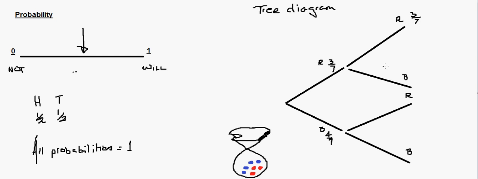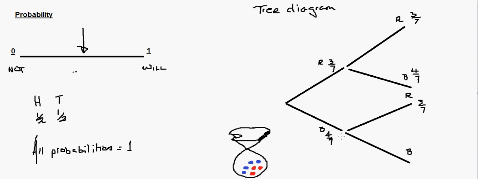So that would be 3/7. And if I'd chosen a red counter and then replaced it and then chosen a blue, this must be 4/7 because everything stays the same. Equally, if I'd chosen a blue, replaced it, and then chosen a red, it would be 3/7.